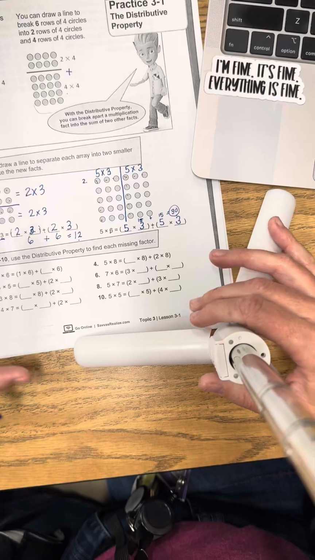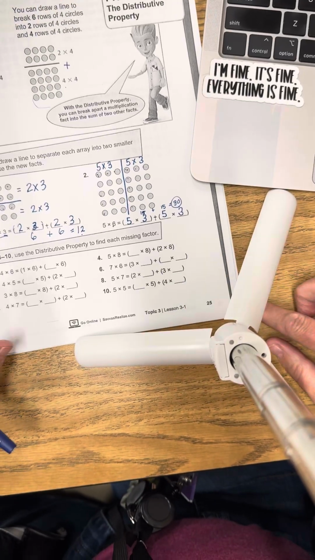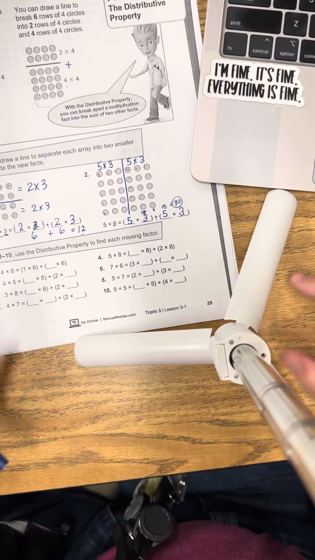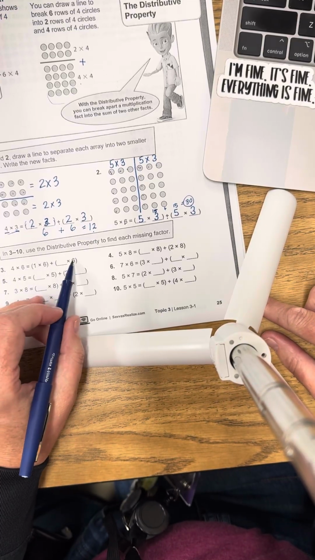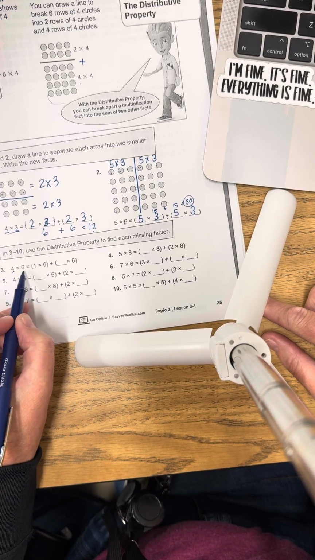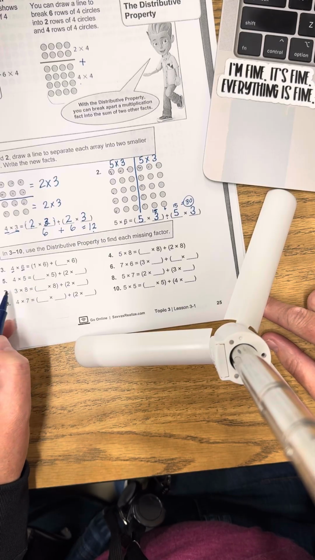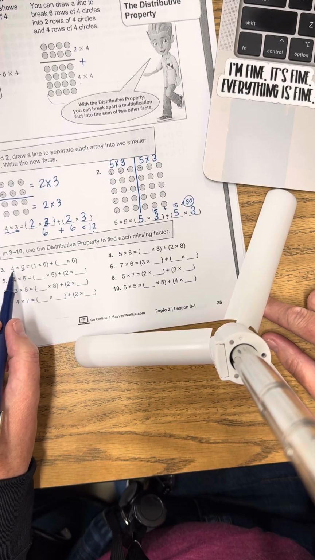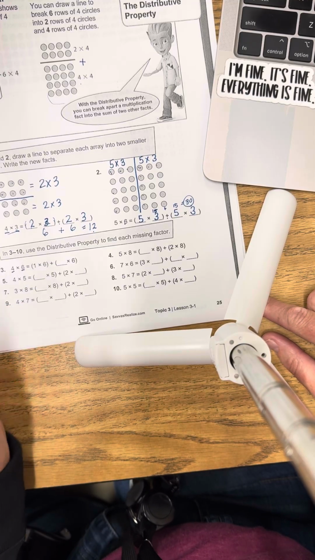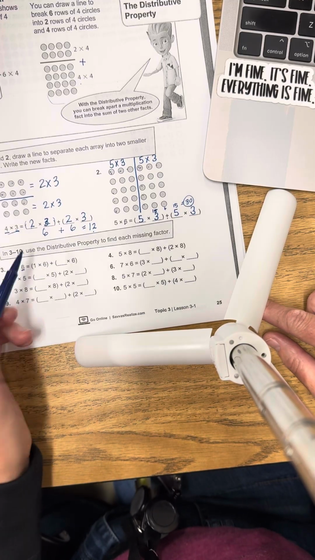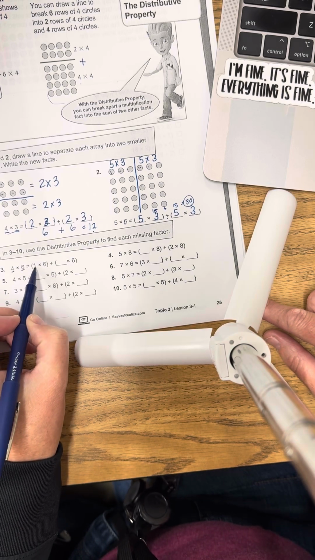Now, down in 3 through 10, it just is asking us to use the distributive property. And so in this case, I have to look and see, I've got 4 rows with 6 in each row in my first equation, my first array. I notice over here my first expression is a 1 times 6.